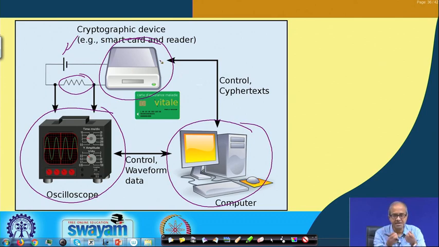Usually the smart card reader is connected to a computer system, okay, and the storage oscilloscope will be capturing the data, storing it, and then transferring that file to a computer system for offline processing. This is how it typically works. Okay. Now, offline processing can be done using any language. For example, you can also do it in MATLAB if you want.